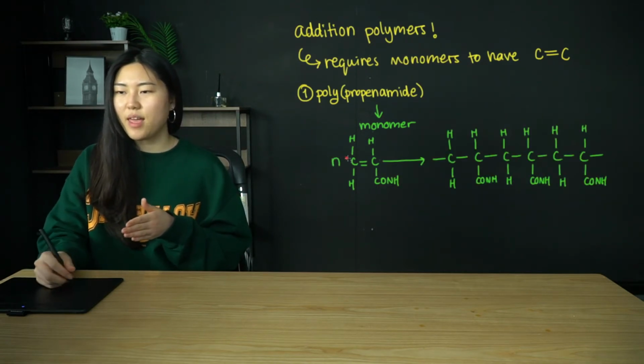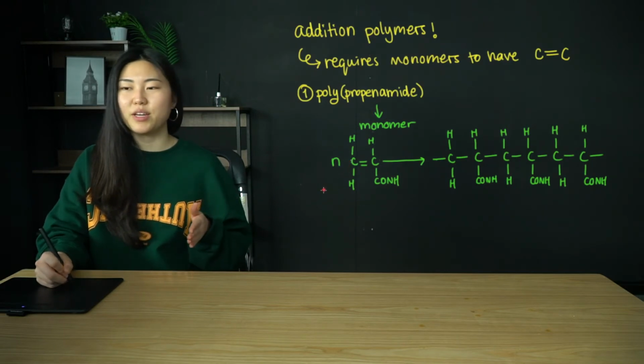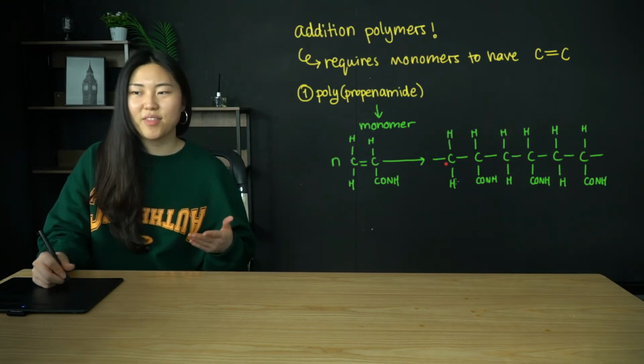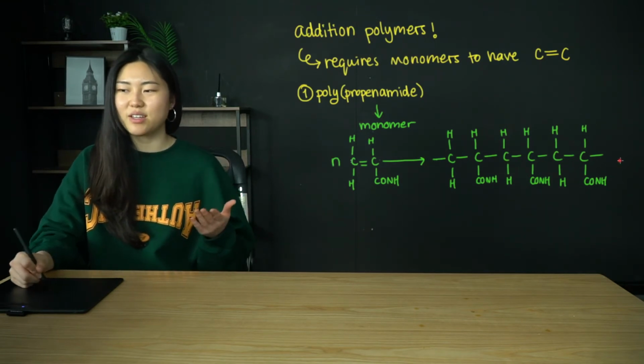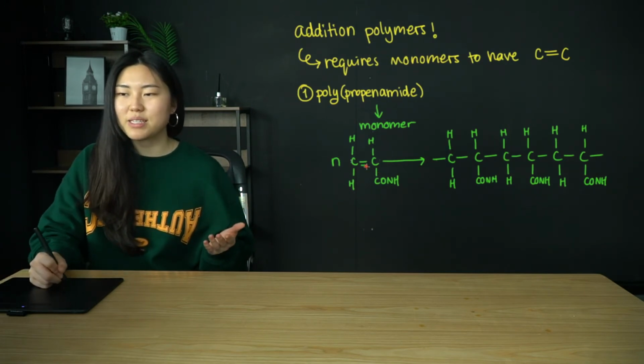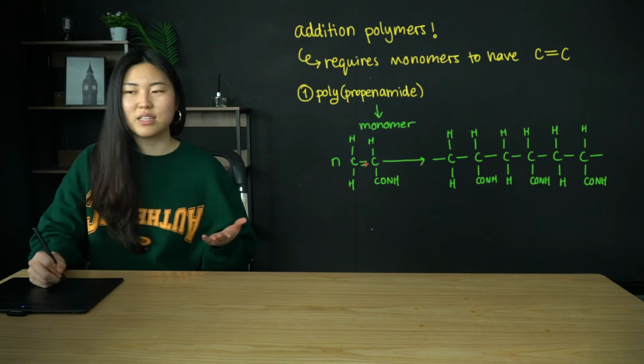If you write the balanced equation, first of all we need n number of the monomers, and then we're going to have the continuing chain of this addition polymer. So what happened is, you can think of it like this.